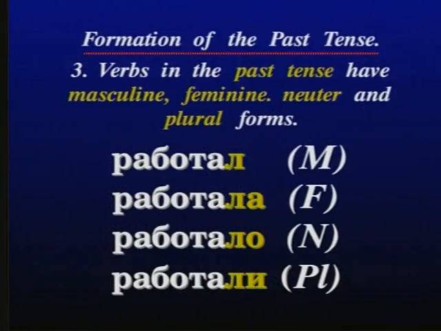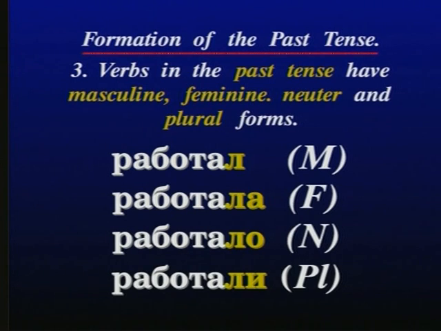That's easy. But then remember, Russian is a genderized language, and gender is very, very important. And even the verbs in the past tense have genderized form. That's our step 3. Let's take a look at this.